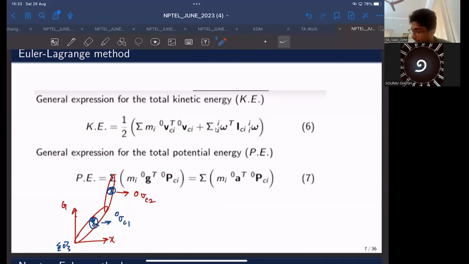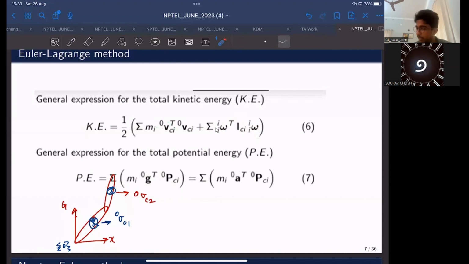For a 2R robot, 0 p_C1 is the distance from the 0th frame to the center of mass, and for the second body, 0 p_C2 is the distance from the origin all the way to its center of mass. So that is about the potential energy.